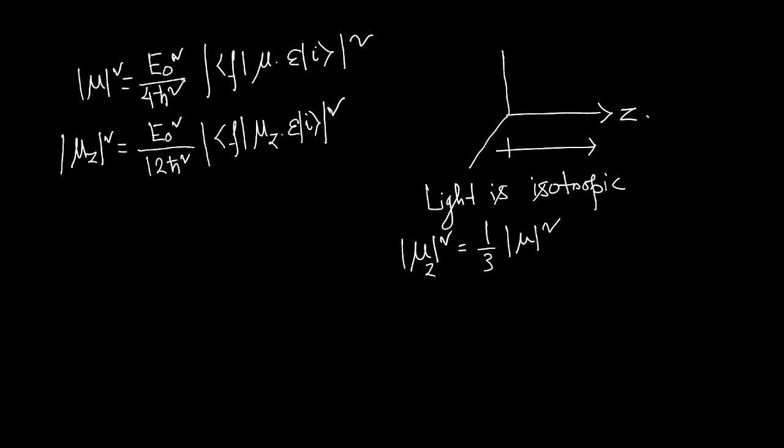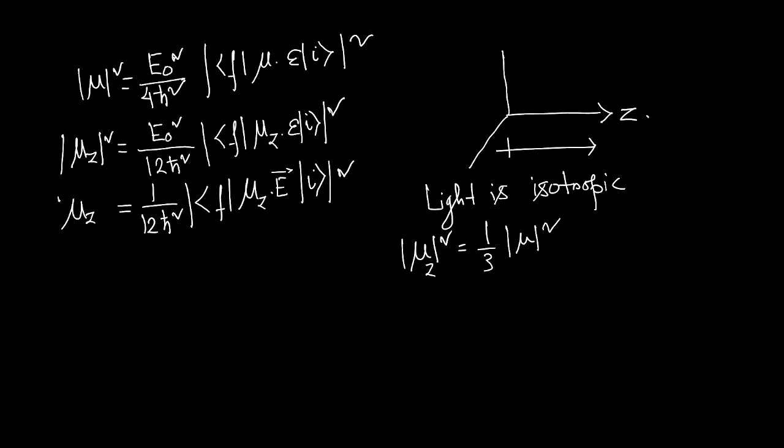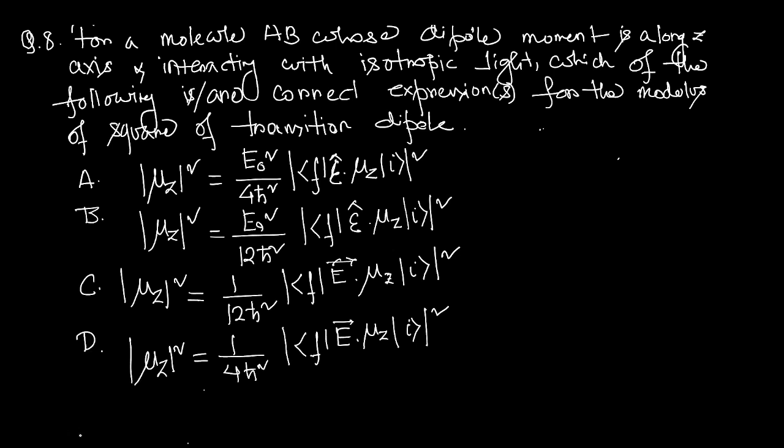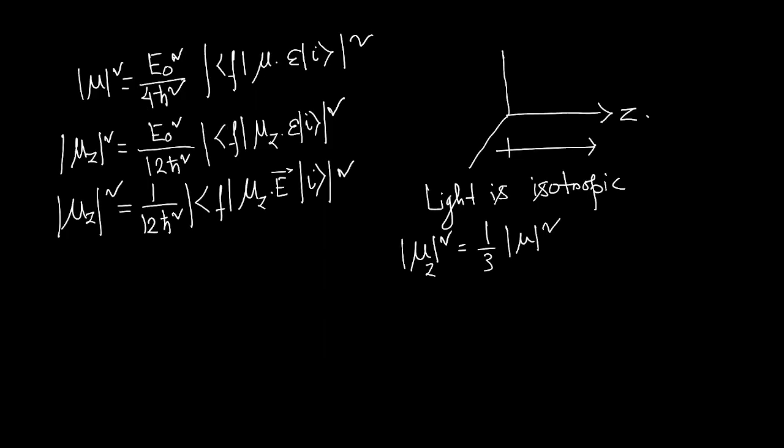This thing we can write as 1 by mu z dot E. So the correct expressions are, this will be 1/3, that is E0 by 12 square, and the fourth one, no, this should be 1/3. Okay, so B and C are the correct options.